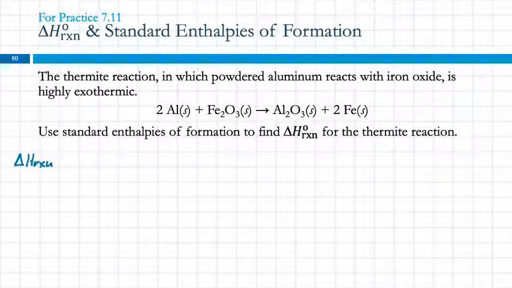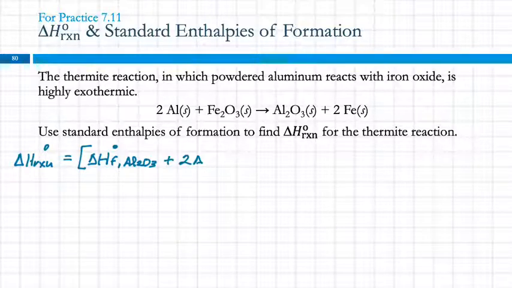So for the standard heat of reaction for this equation, we're going to look at the heats of formation for the products. So we've got Al2O3 and we've got 2 times the heat of formation of iron. But that's an element in its standard state, isn't it? That one's actually 0.